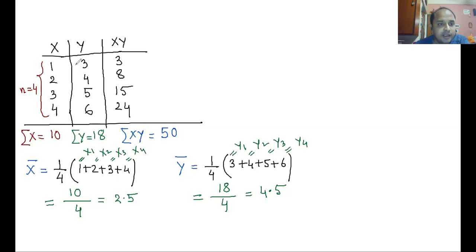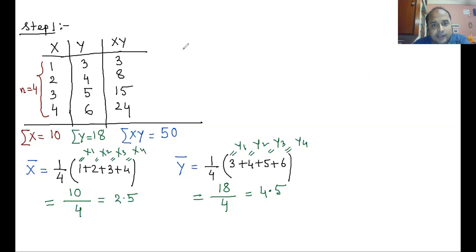So the arithmetic mean of this distribution has been calculated. The arithmetic mean of that distribution has also been calculated. What else is to be calculated? What I'm doing now, you can consider to be your step 1.